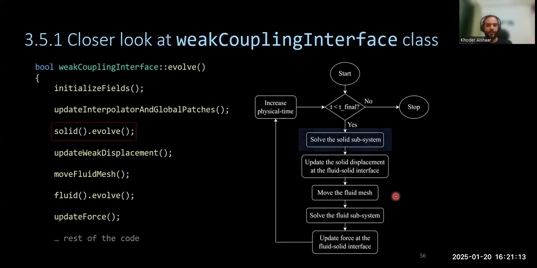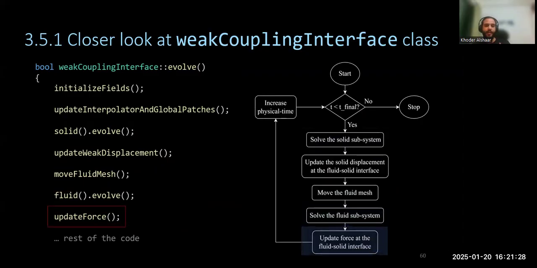Just for comparison, we see that the solution starts by solving the fluid subsystem. It updates the displacement of the fluid-solid interface, it moves the fluid mesh, and then it solves the fluid subsystem. And finally, it passes forces from the fluid system to the solid system.